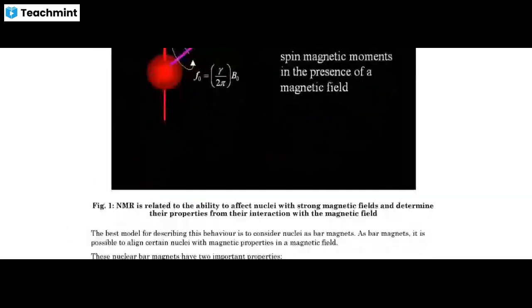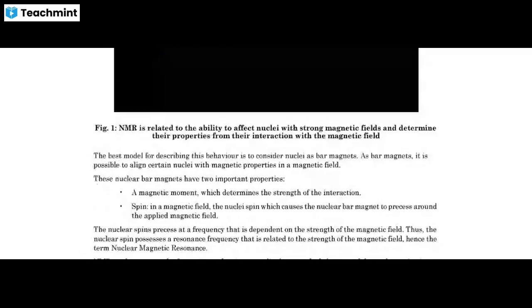The model considers the nuclei as bar magnets, so it is possible to align certain nuclei with magnetic properties in a magnetic field.